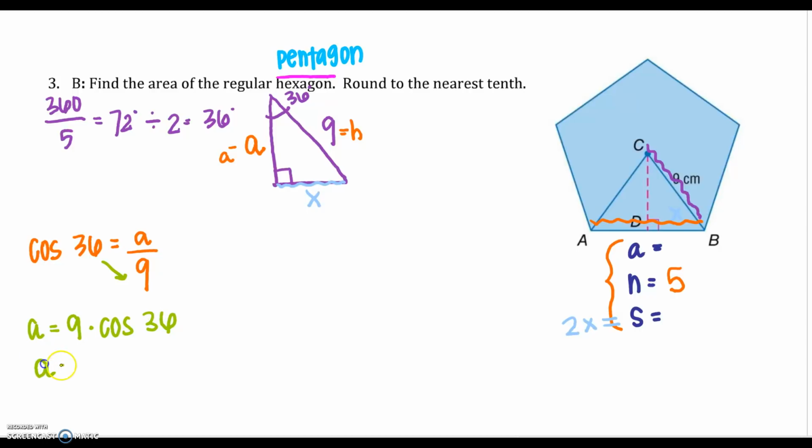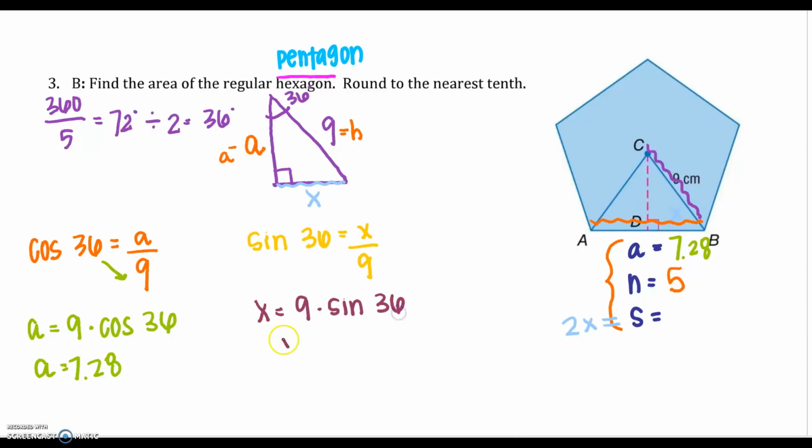So my A is going to equal 7.28. All right, now I need to find x. So that is sine of 36 equals x over 9. Again, on the bottom, so I'm going to say x equals 9 times the sine of 36. So x is going to equal 5.29.